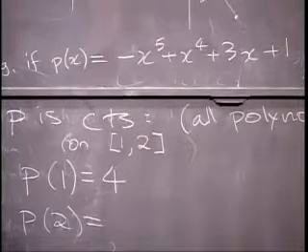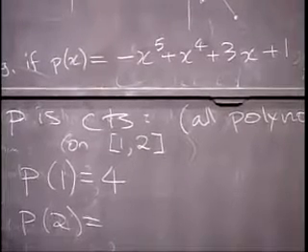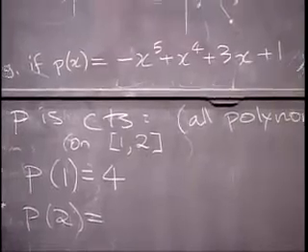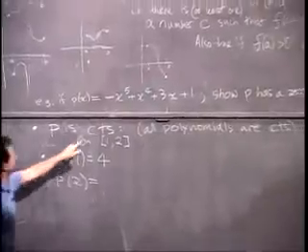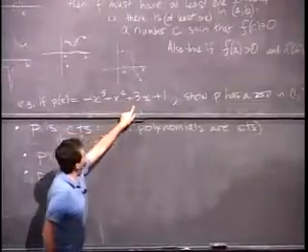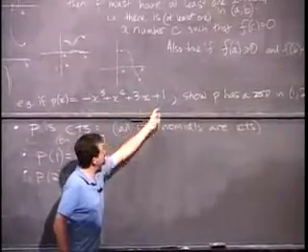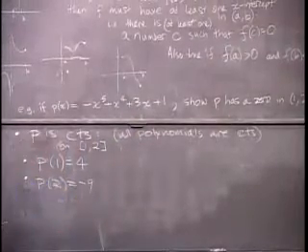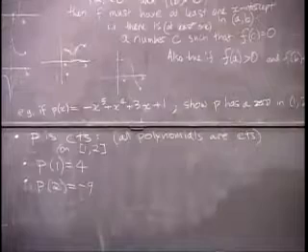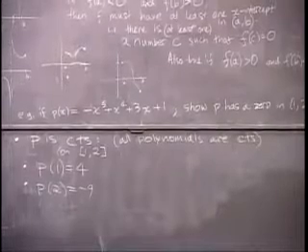Did I screw this up? This does not seem right. Minus 32 plus 16 plus... Oh no, it is right. That's 16 plus 6 is 10. Negative 10 plus 1 is negative 9. So if you substitute this in, you get that p of 2 is minus 9.